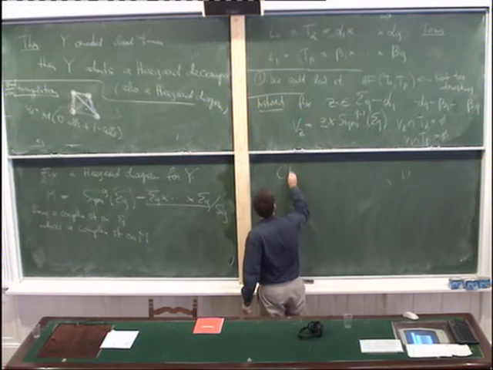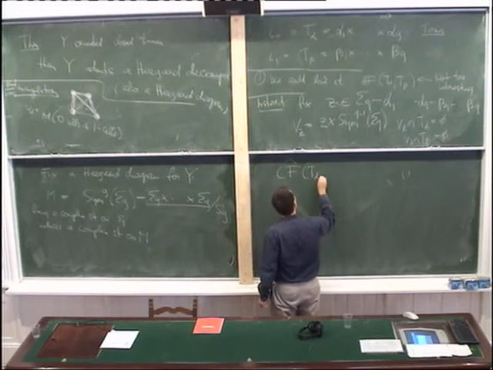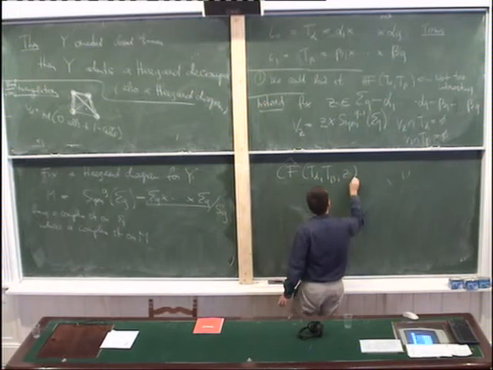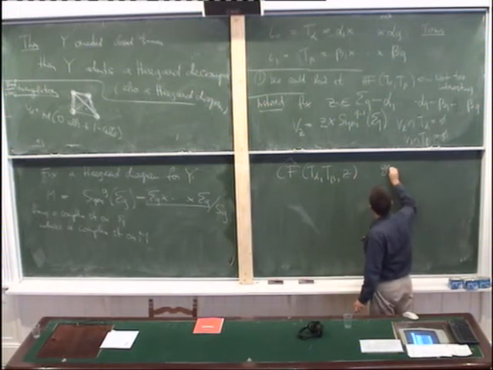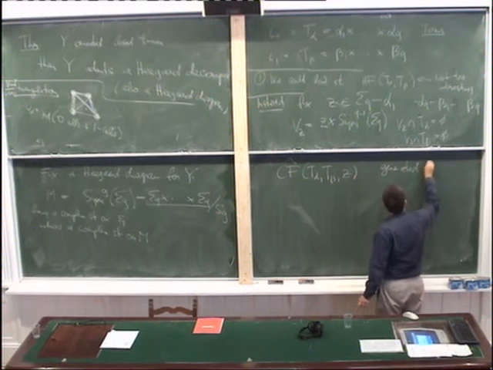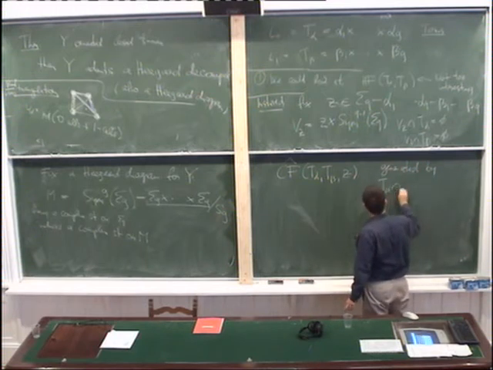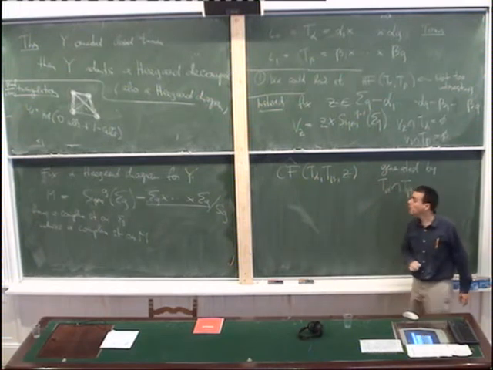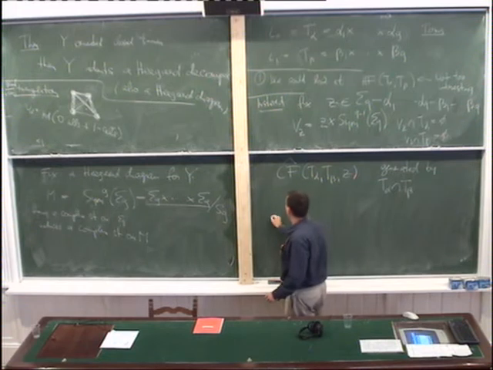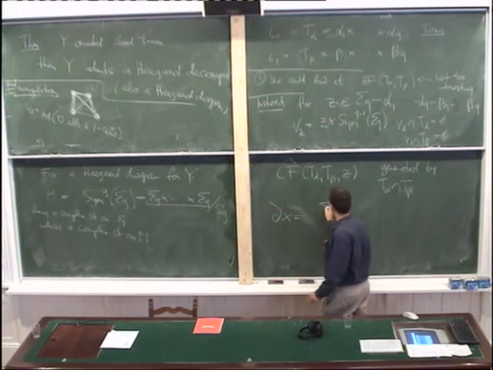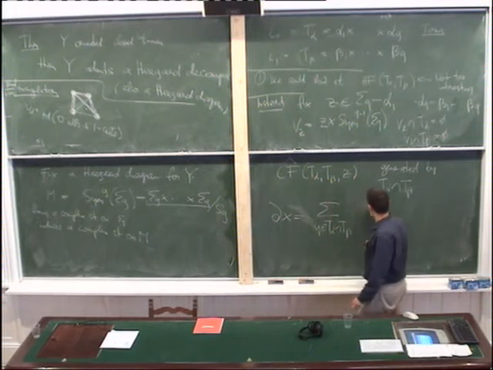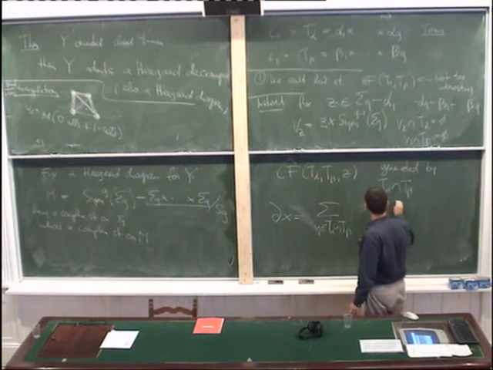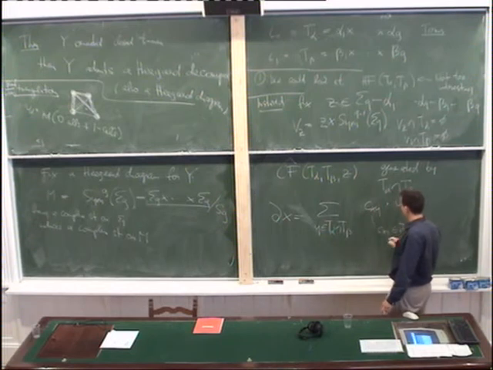So we define CF hat of T alpha, T beta. It is generated as an abelian group by the intersection points of T alpha and T beta, and the boundary map of X is going to be a sum over Y in T alpha intersect T beta of Cxy times Y, where the Cxy are integers, and they really count.